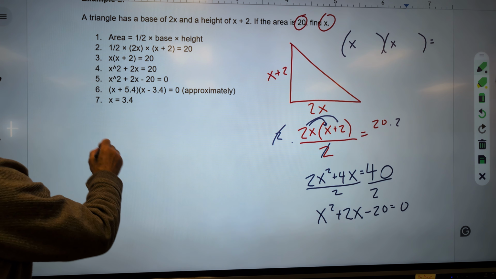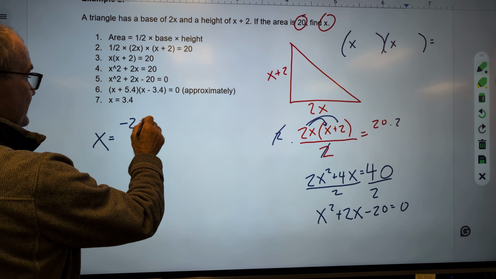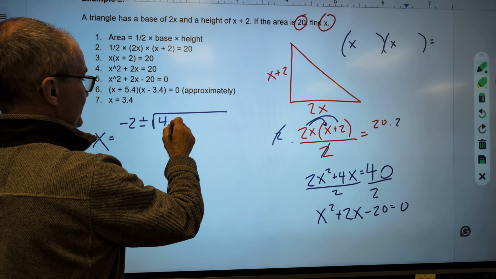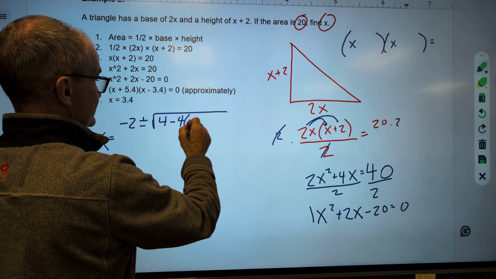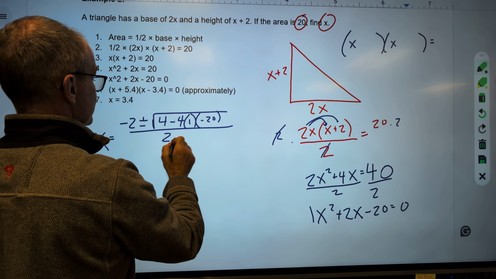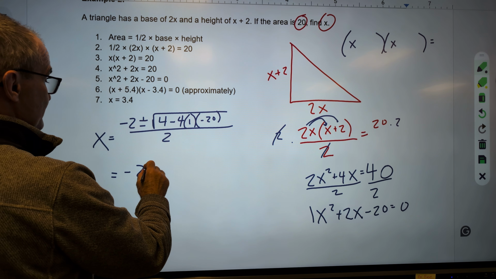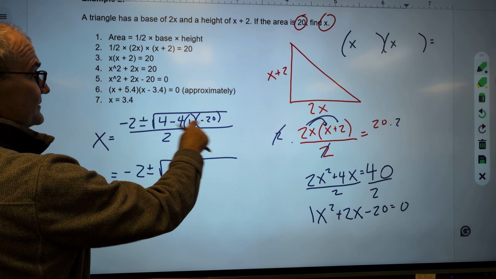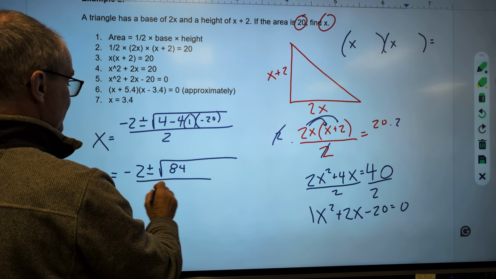But I'm going to go x is equal to negative b, negative 2, plus or minus the square root of b squared minus 4ac, all over 2a, and a is 1. That's going to give me negative 2 plus or minus the square root of negative, negative, positive 84, all divided by 2.